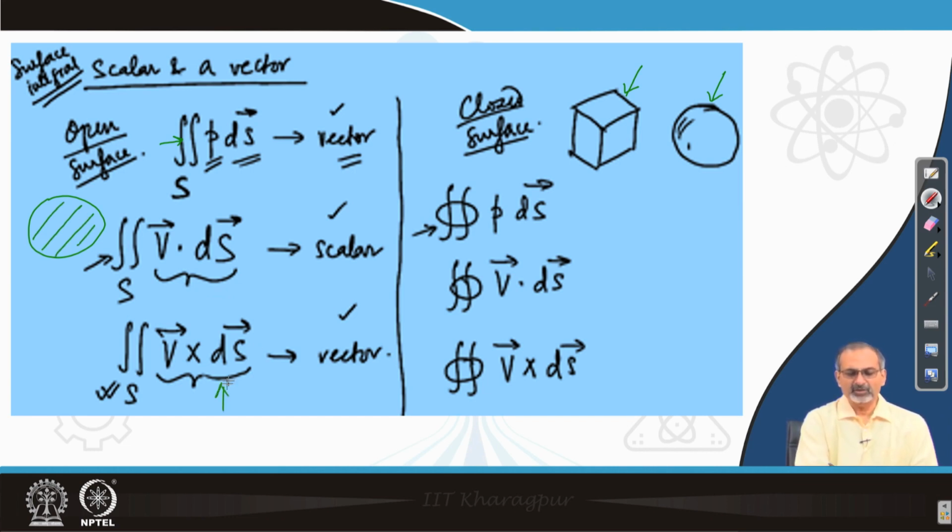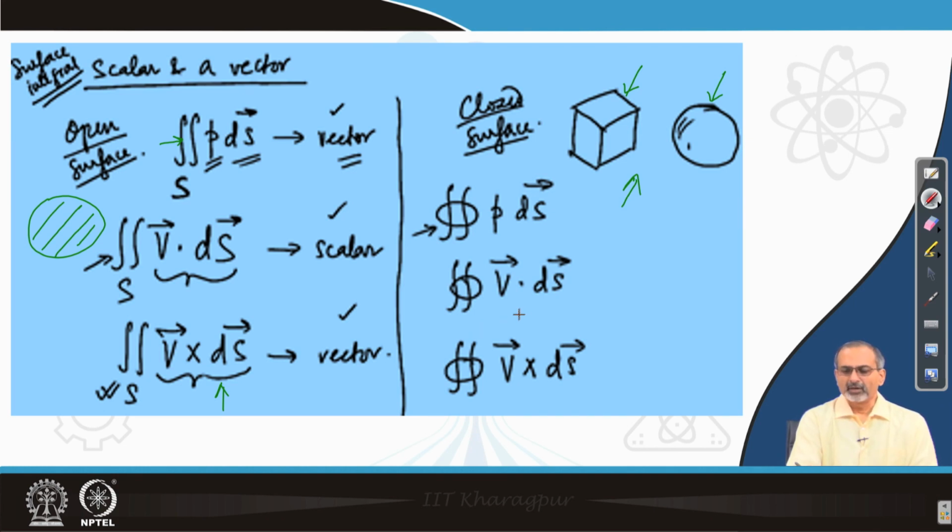Similarly, if it is a cross product, it would end up forming a vector again on the open surface. Like you do it for an open surface, you could also do it on closed surfaces of this kind, like we have indicated, or very arbitrarily shaped closed surfaces. You can imagine that control volumes, when they are defined, could have very arbitrary shapes and sizes, and then you have to account for that entire control volume and consider integrating these quantities over the exposed surface, the outer surface of that control volume.